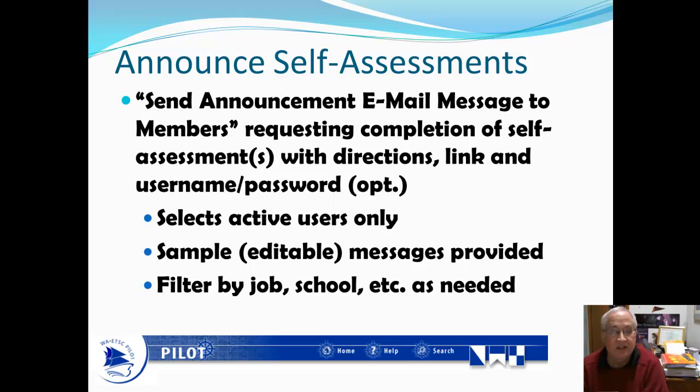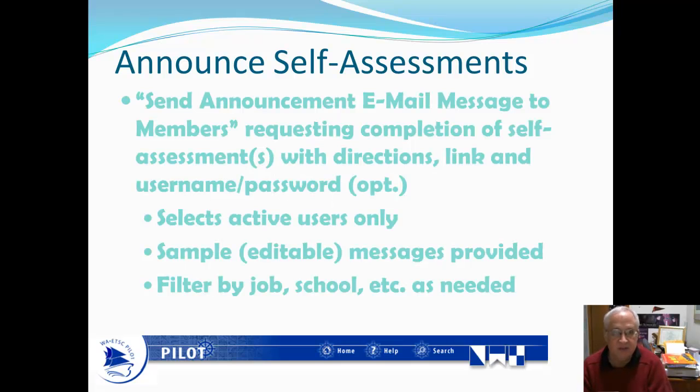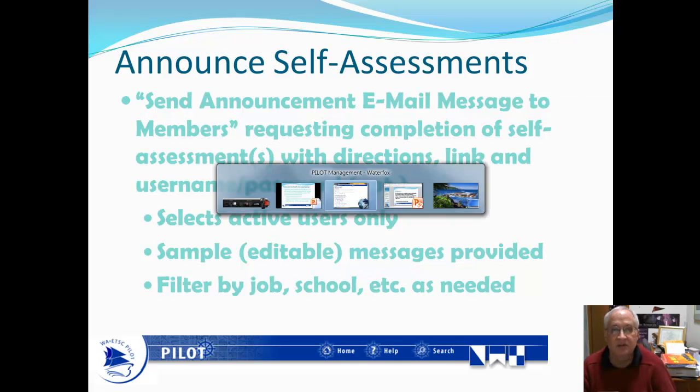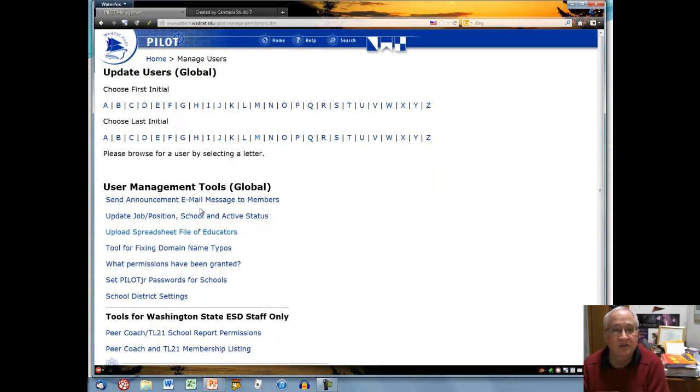There'll be a link to the tool. It'll be a username and password provided if you choose that option. You can filter it down and send a message to just teachers or just administrators or just a single school, or however you would like to do that. Okay. All right. Now, here is what that tool looks like in real life.